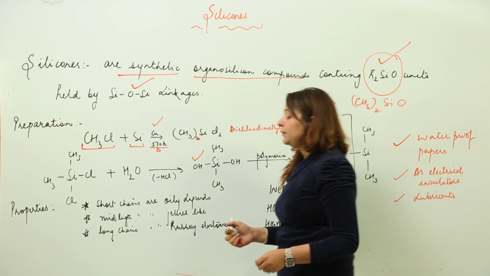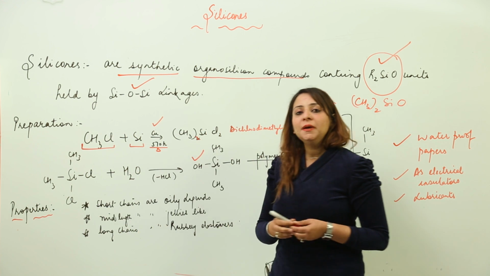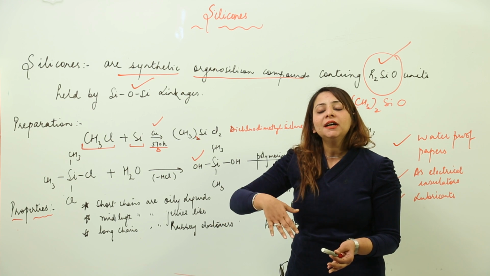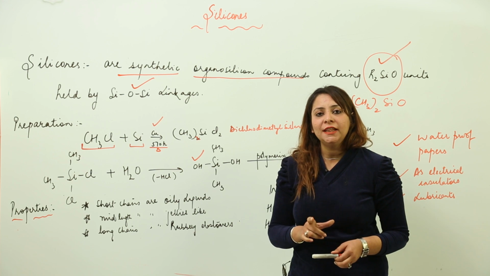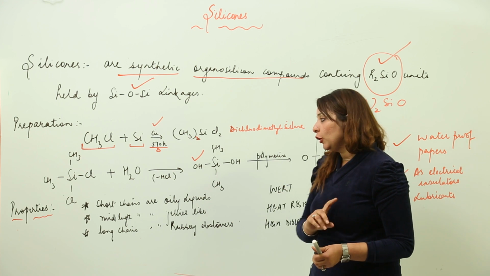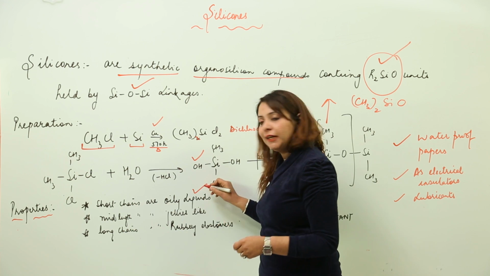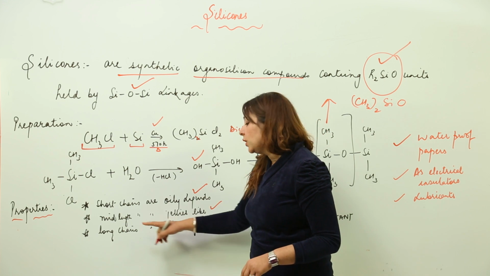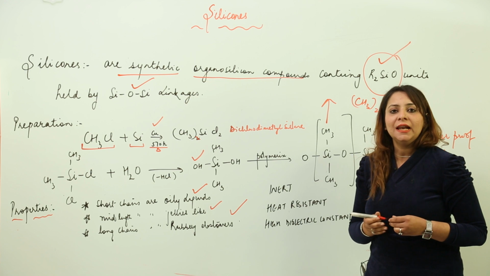Now as we look at its properties, we will see that these silicones may contain short chains, mid-length chains, and very long chains. So depending upon the length of the chain, their state varies. For example, short chain silicones are oily liquids, mid-length chains are jelly-like, and long chain ones act as rubbery elastomers, that means with elasticity.